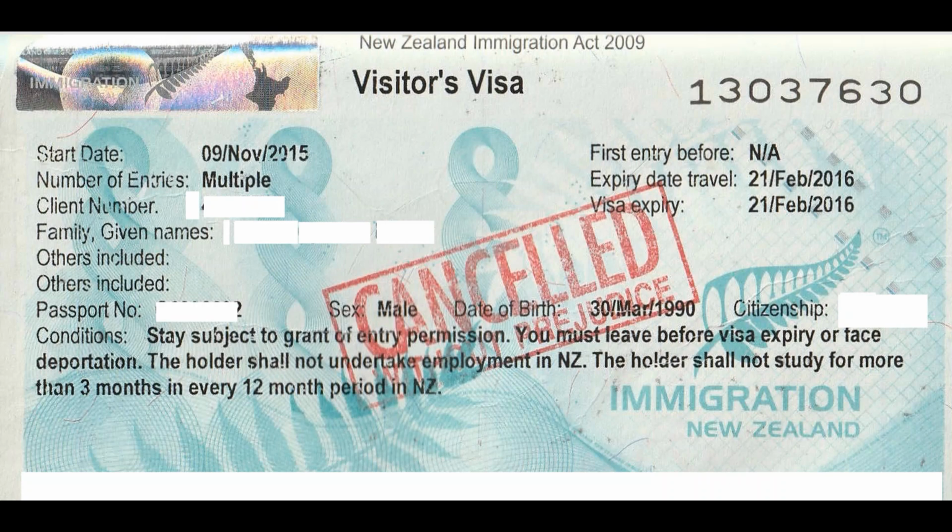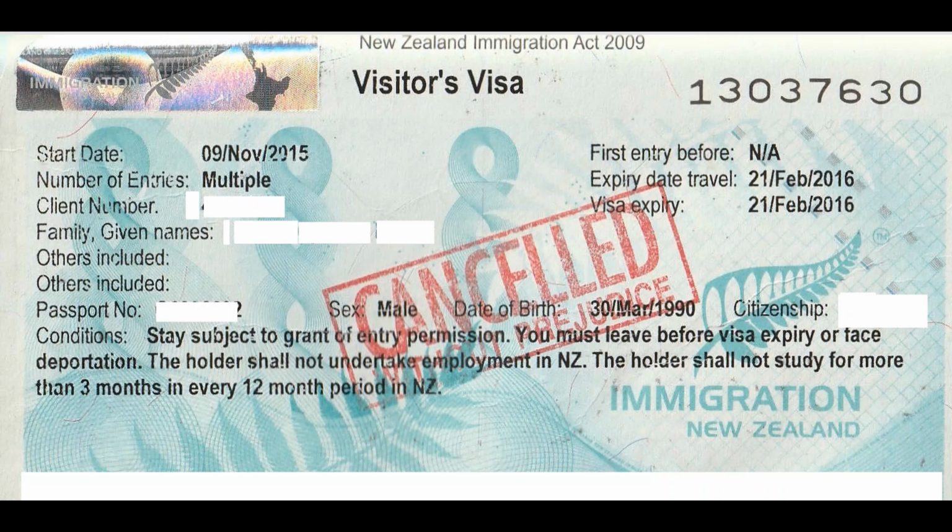The holder shall not take employment in New Zealand. The holder shall not study for more than 3 months in every 12 months in New Zealand. So that means you do need an onward ticket. You need a ticket backwards and forwards, and on arrival in New Zealand, Immigration New Zealand can ask you for your financial documents, so be ready. So read carefully what your visa label says and doesn't say.